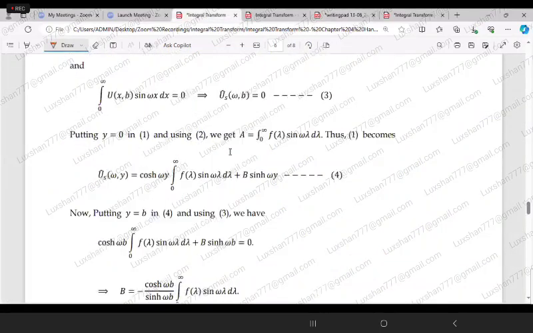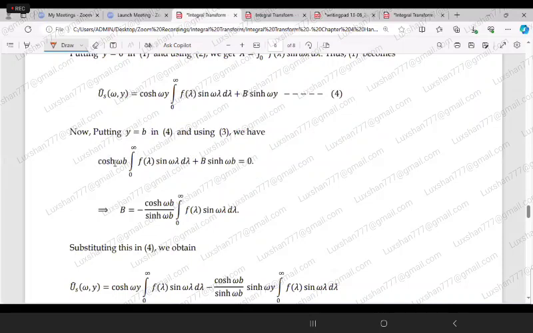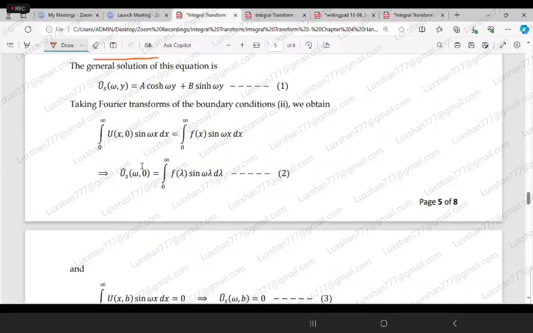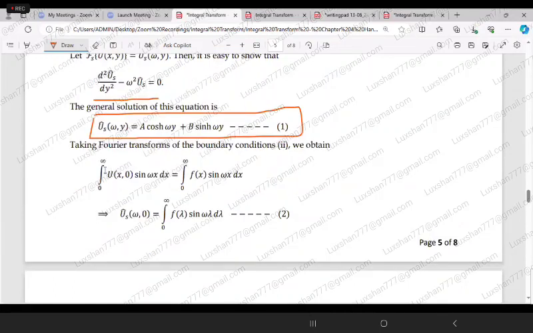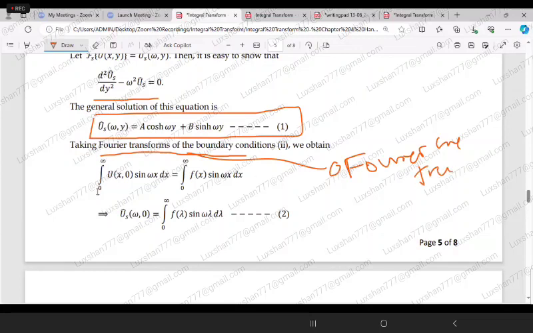So now we have got this equation. Look here. Now we are taking the Fourier transform for the boundary condition. Actually, we consider the Fourier sine transform. I'm sorry for that. So if you take the Fourier sine transform, we get this one.